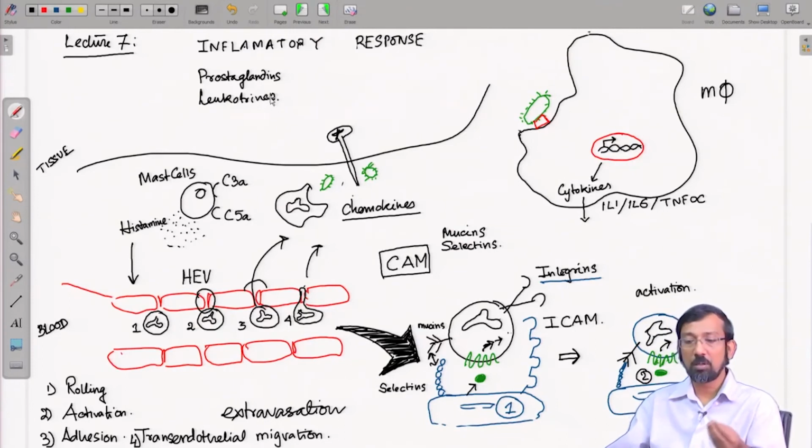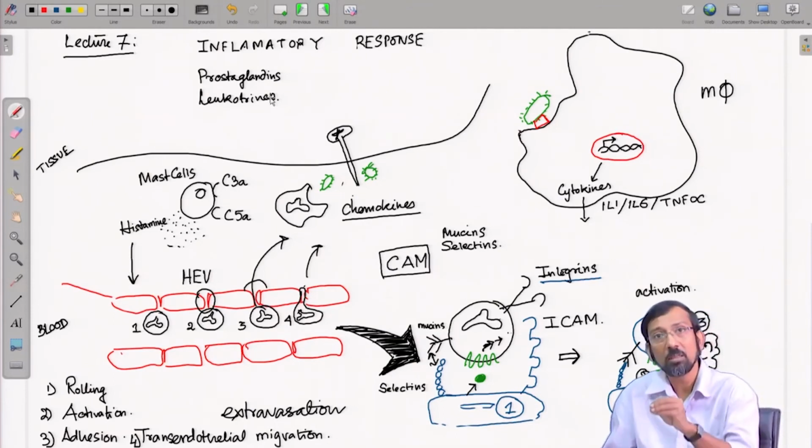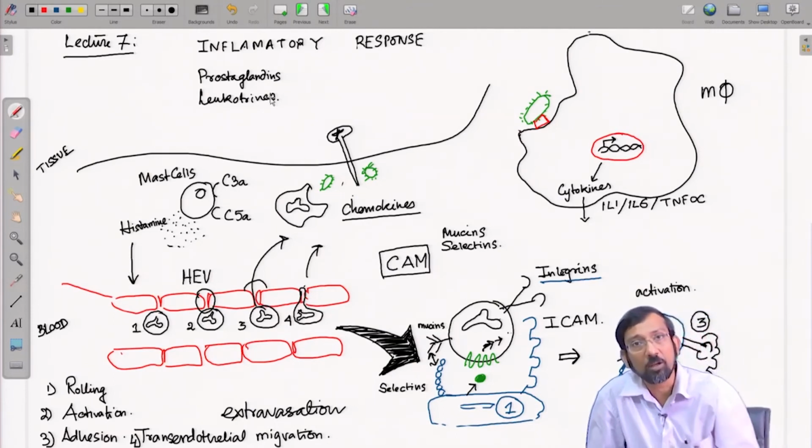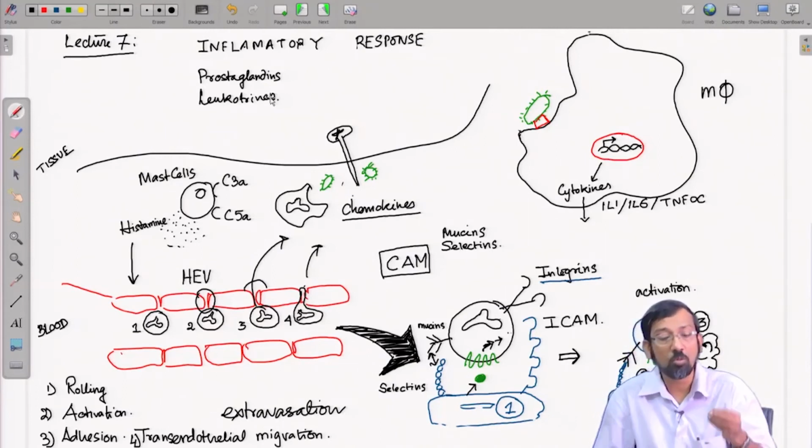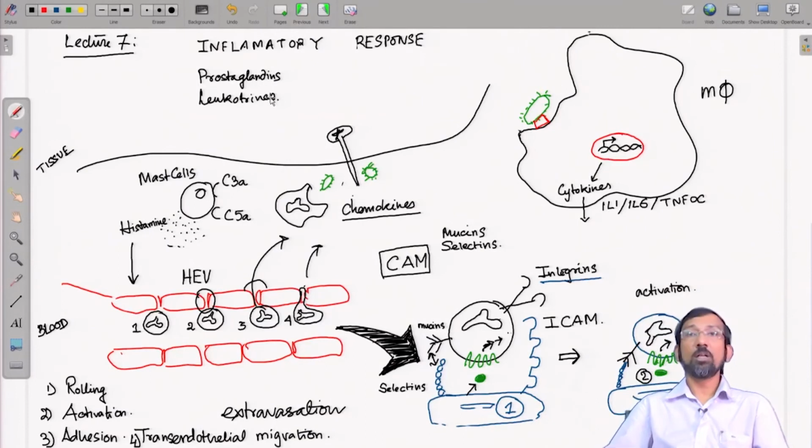And of course, chemokines are a class of cytokines, we will discuss them later on. And then you have these activated macrophages and the tissue mast cells, which produce certain small molecules like histamine, the prostaglandins and the leukotrienes, which are also mediators of an inflammatory response.